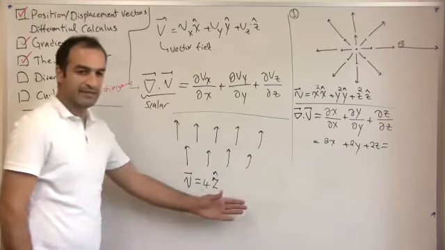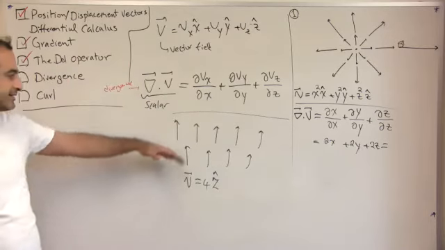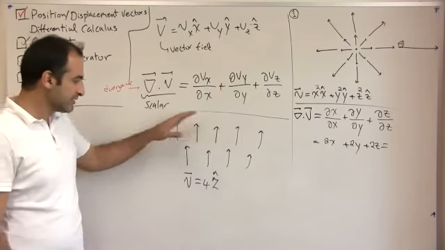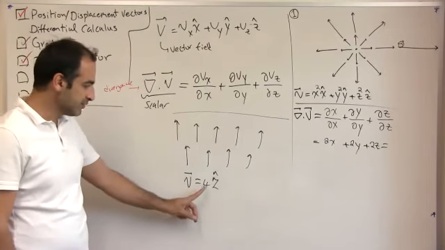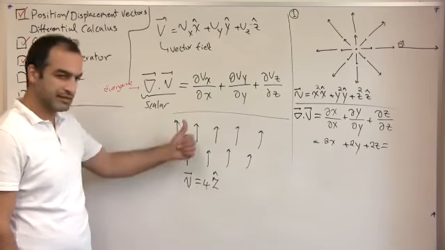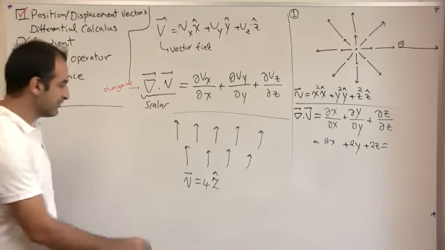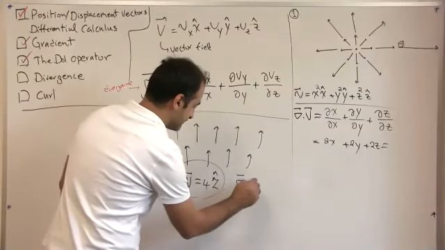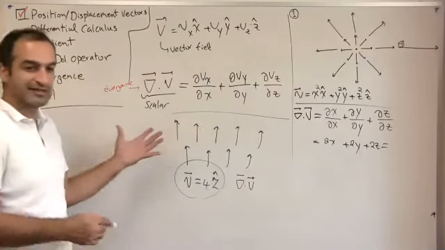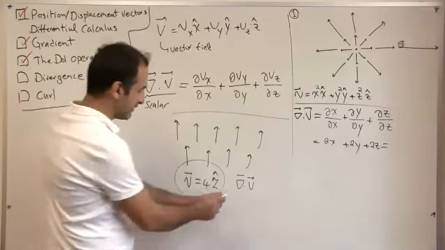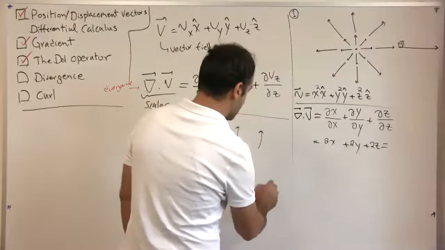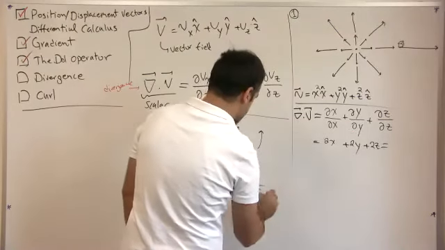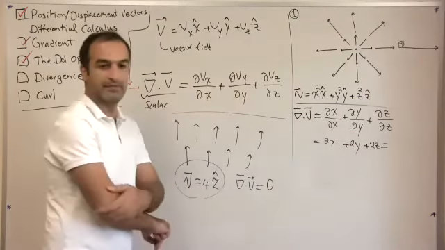This is a field that is constant in all space. You move in a space, nothing changes. Your field is always number 4 times z hat. If you look at the divergence, it makes sense that nothing is diverging, everything is constant, and if you calculate the partial derivatives, all of them become 0, so divergence is 0.